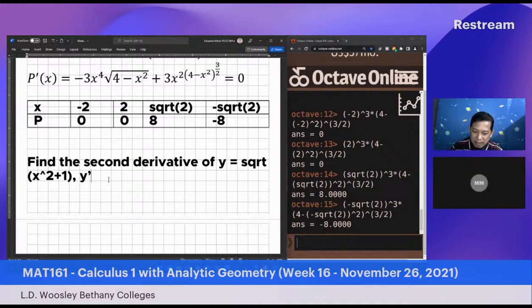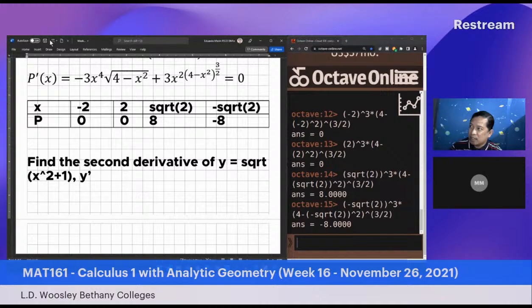Pero meron tayong gagamitin dyan na implicit differentiation na tinatawag. So, that's what we call indirect method. So, we'll try first the direct method. You could solve for the direct method, following the format.